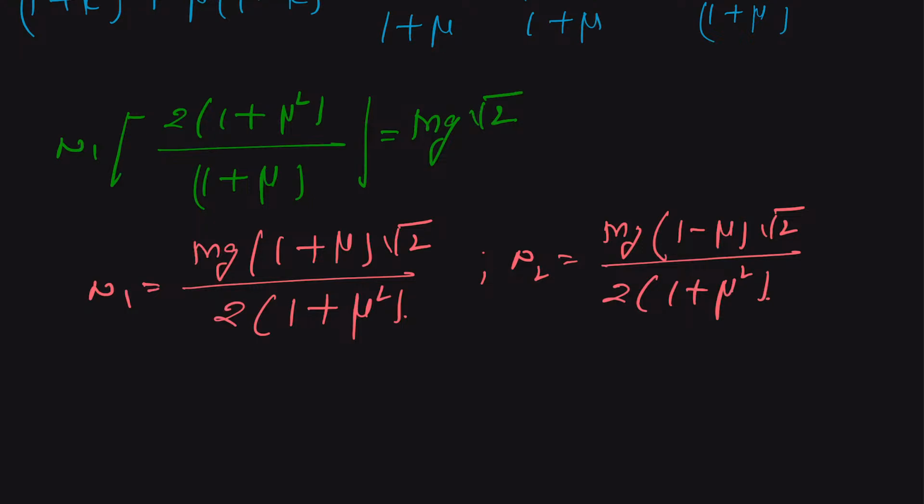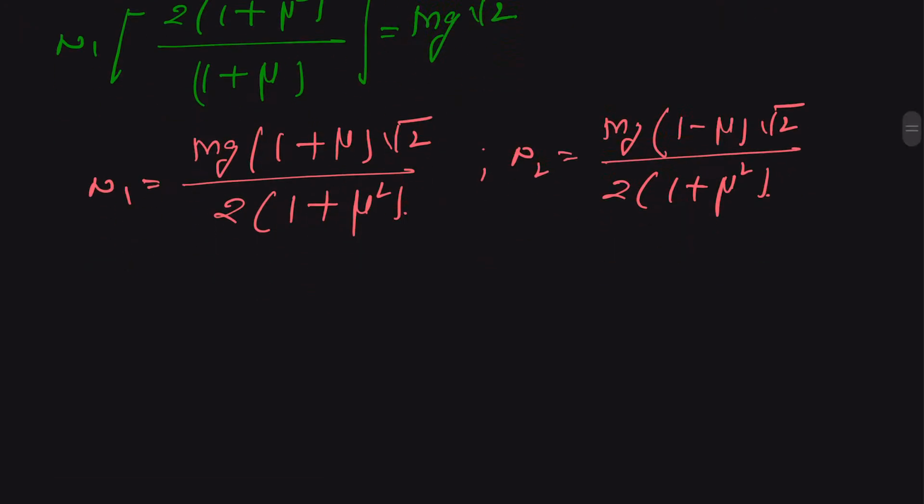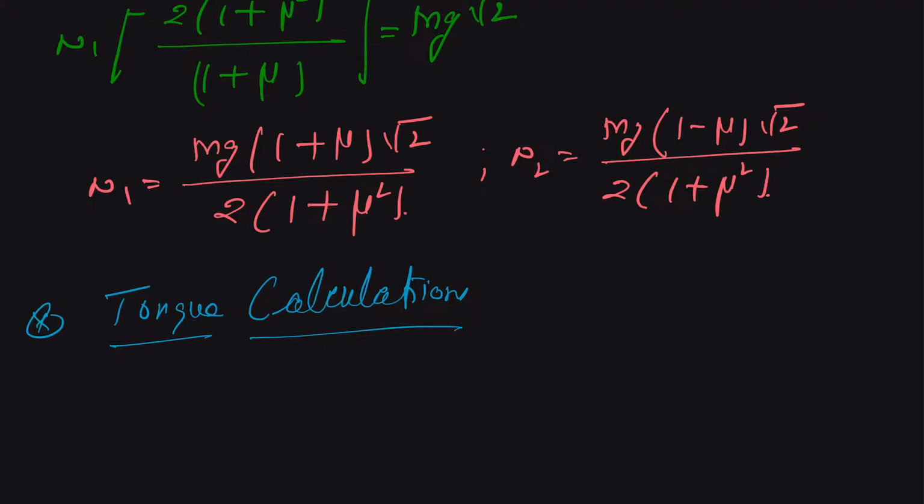Now we come to our torque calculations. Each frictional force F is equal to mu N, and it acts tangentially at the point of contact, which we have already drawn in the figure, and they are at a distance of r from the point of rotation, which is the center.